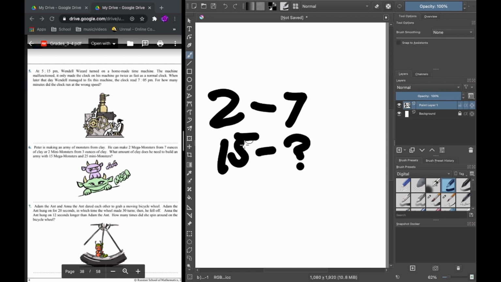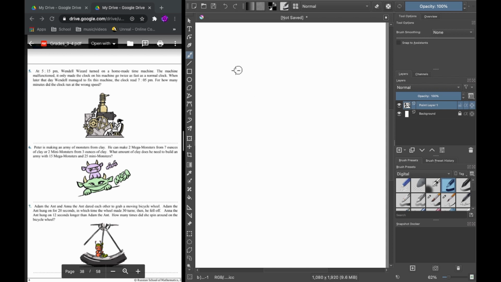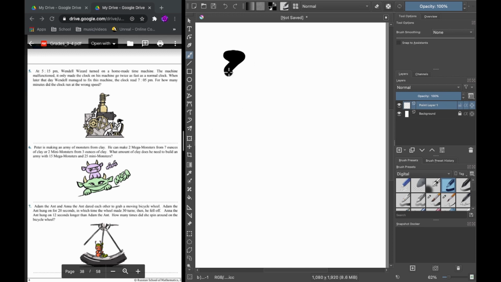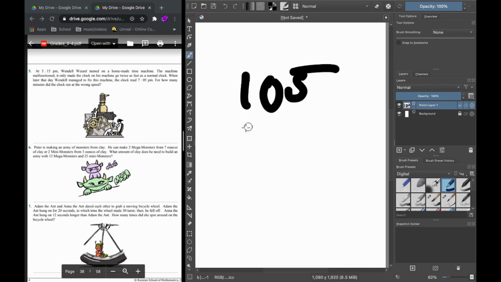So here we would cross multiply. Our first step would be 15 times 7, and this would obviously be 105. But that 2 that we had in this corner, what are we going to do with that? We're going to do 105 divided by 2.